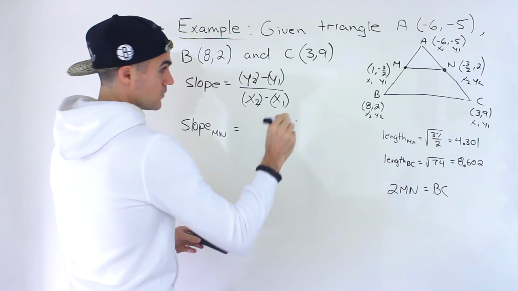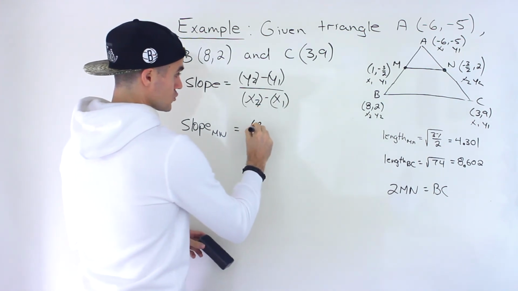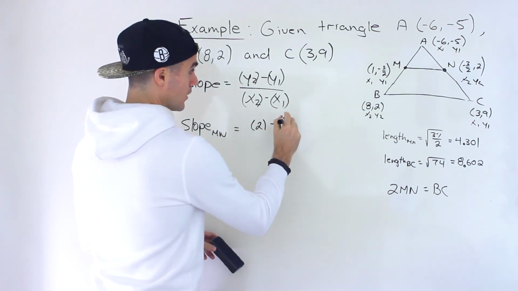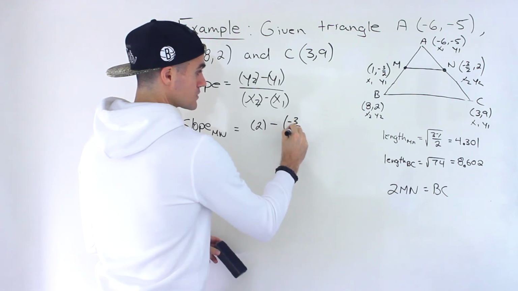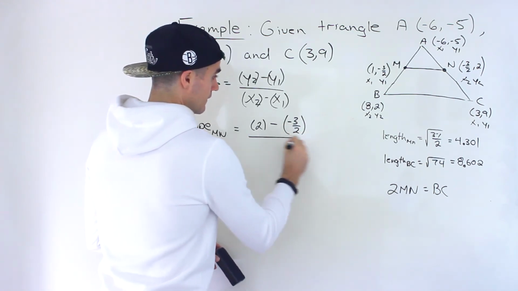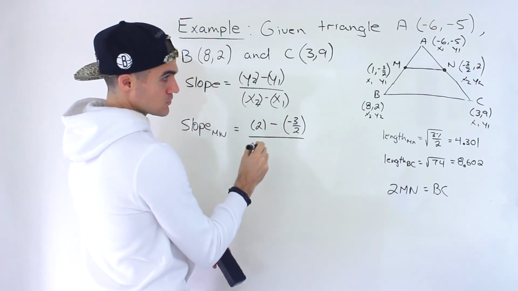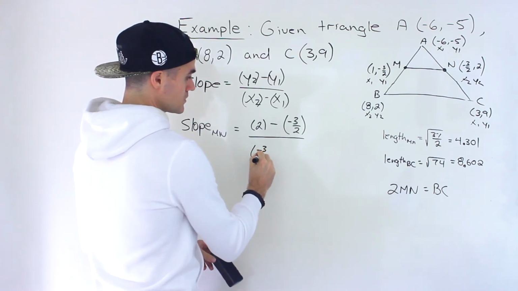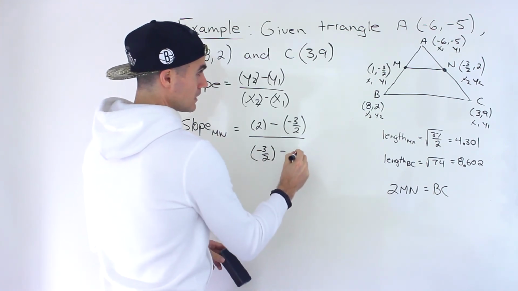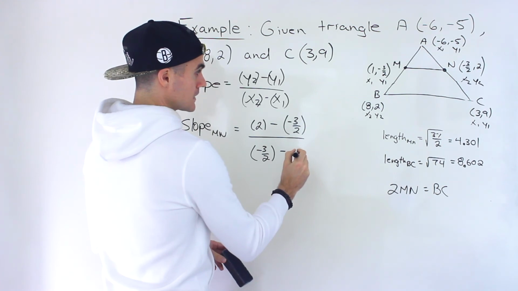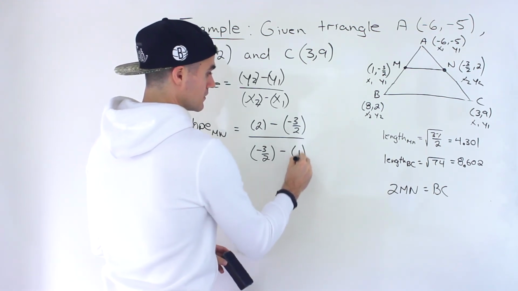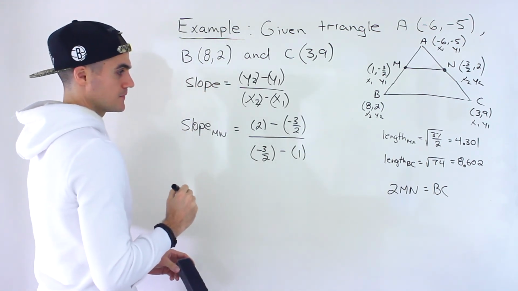So we would end up with y2, which is 2, minus y1, which is negative 3 over 2, and then that's going to be over x2, which is negative 3 over 2, minus x1, which is 1.